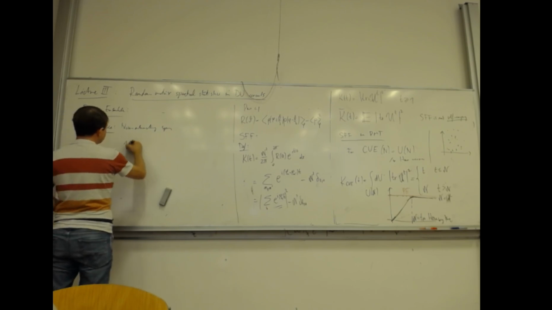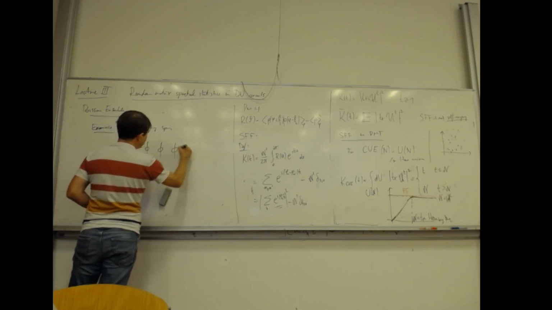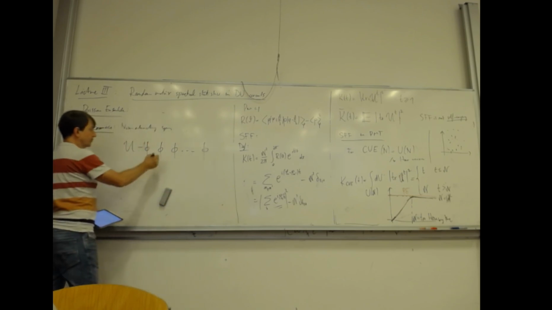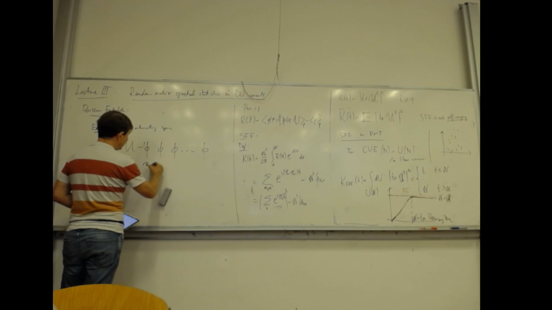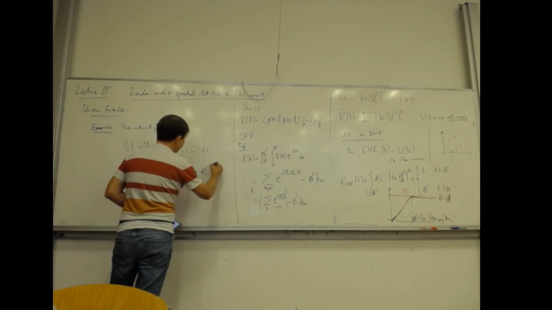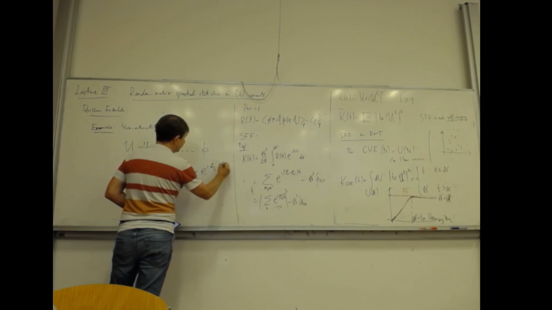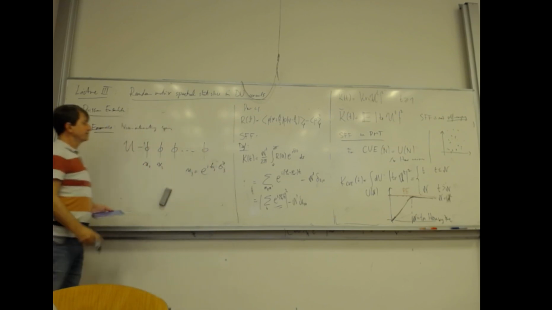So take U. U will then be just a tensor product of local gates, u1, u2, and so on, where uj will be just e to the i times something, but it can take just signs.